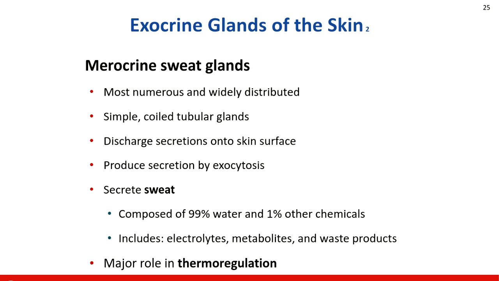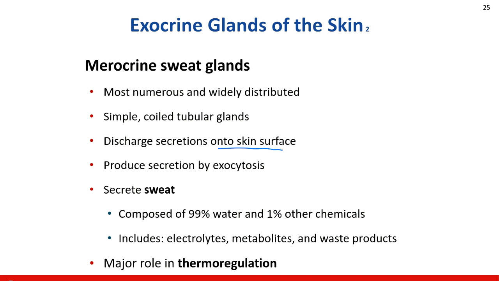When we're talking about our merocrine glands, these are the ones that are substantially located throughout your body. On your arms, on your legs, palms of your hands, soles of your feet, they're everywhere. What they do is synthesize and make their secretion, and they secrete it right onto the skin surface. And how they do that is through exocytosis.